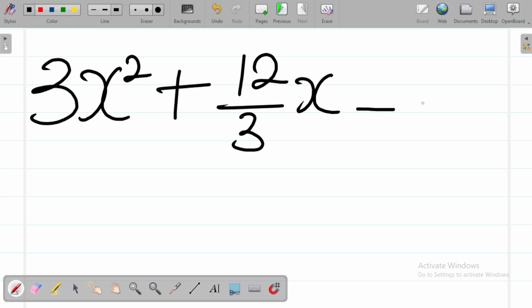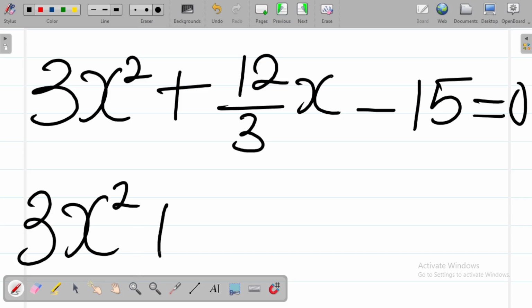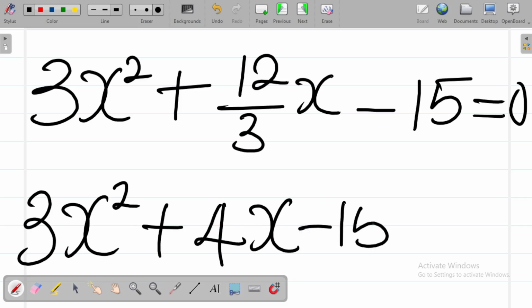And then minus 5 multiplied by 3 is 15. It is equal to 0. So our answer becomes 3x squared plus 12 all over 3 is 4 plus 4x minus 15 equal to 0. So this is our final answer.